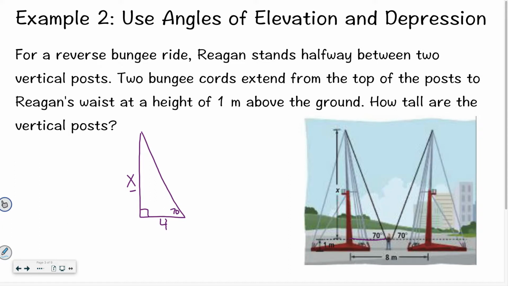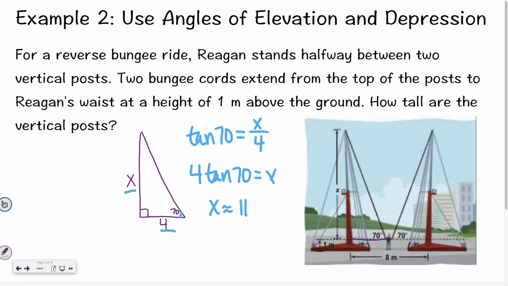I have the angle 70, and I have my adjacent, and I want my opposite, so I'm going to use tangent of 70 equals opposite over adjacent. To get x by itself, I just have to multiply by 4 on the other side of the equation. Plugging that into my calculator, I end up with about 10.989. So I'm going to say x is about 11 meters.